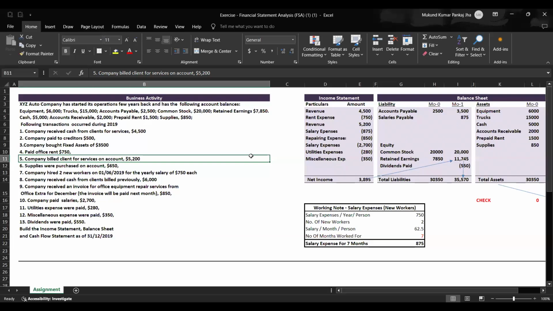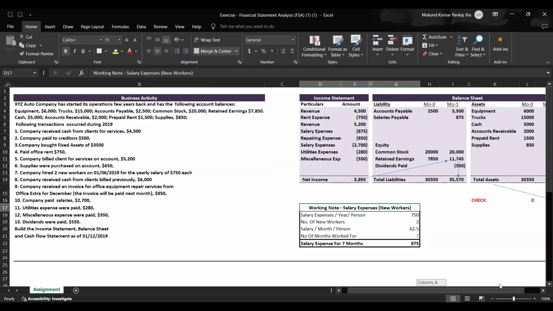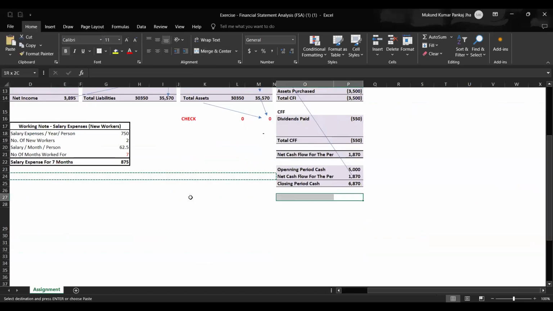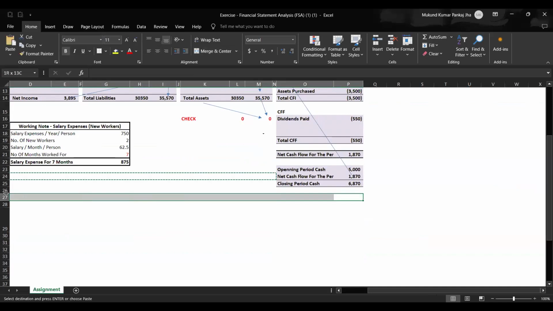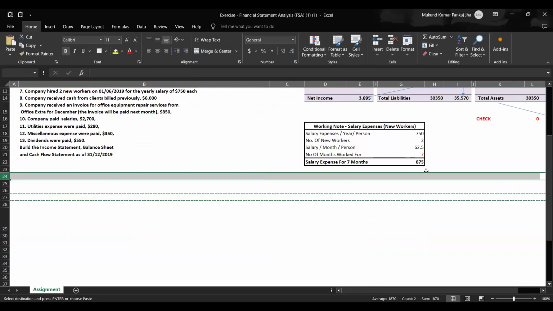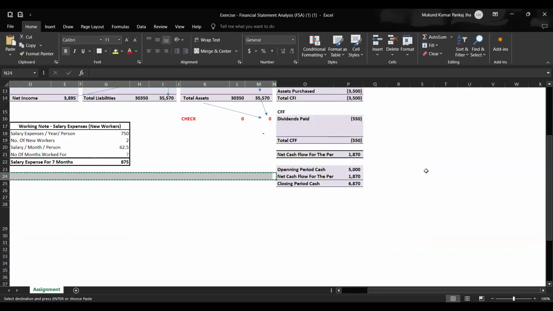Now let me open this sheet again and let me ask you for any doubts. Okay, tell me. Do you guys have any doubt in this? No doubts? Anyone else?